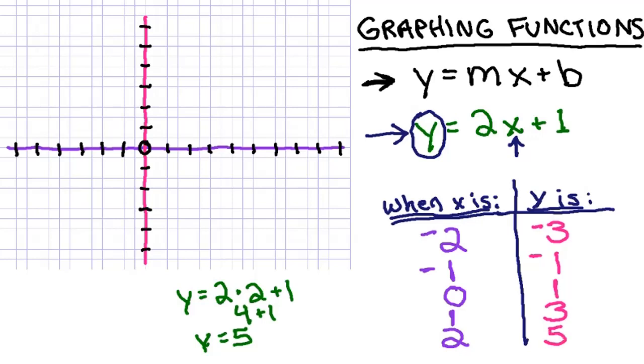And now we can make a graph. There's -2 and -3, -1 and -1, 0 and 1, 1 and 3, and 2 and 5. So that gives us a line that looks like this.